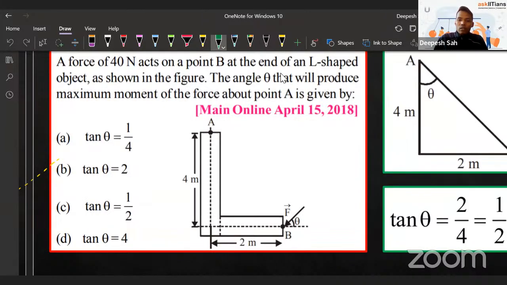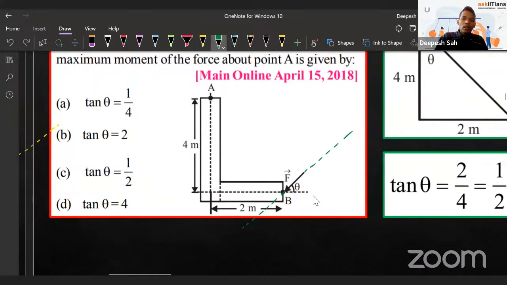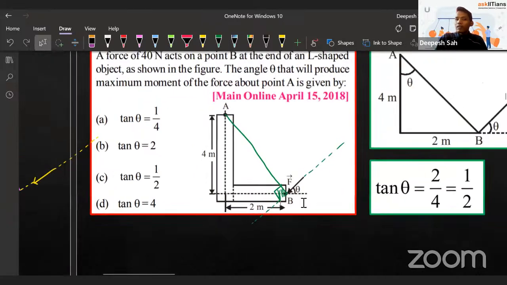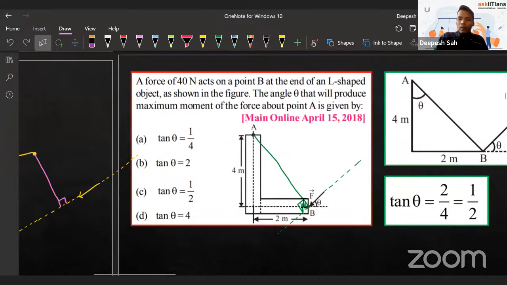For that, take your force, extend it behind, and extend it further in the forward direction as well. Now, of course, there will be one point where you can say this particular line is the perpendicular distance. So we got the perpendicular distance. After that, solving the question is not a big deal, but this is how you deal with the perpendicular distance.